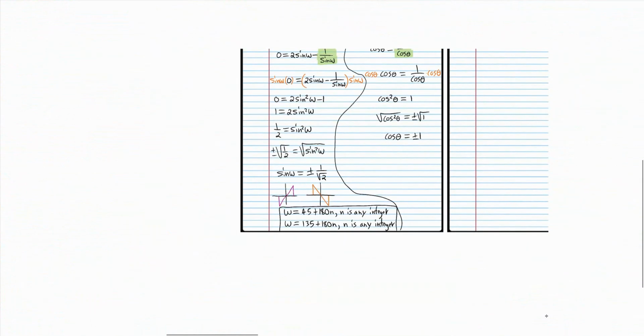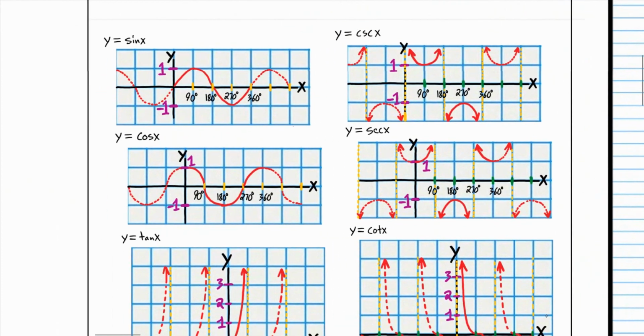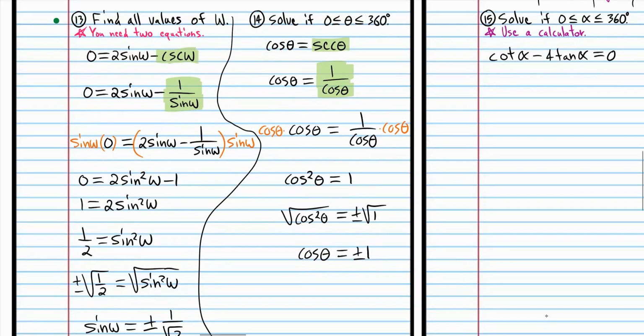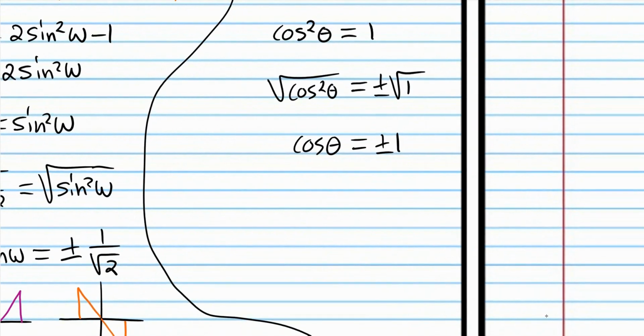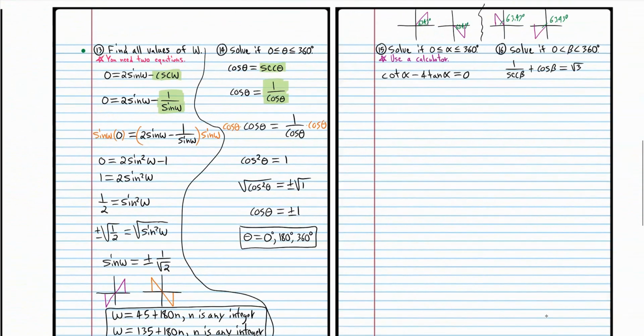We're going to need to go to our cosine curve and ask which points have y values that are 1 or negative 1. It looks like here, here, and here. So 0, 180, and 360. So we have 3 solutions. So if you got that one right, good job.